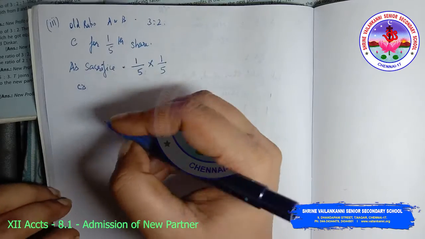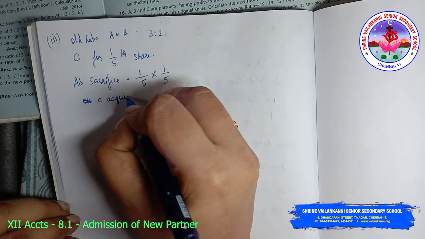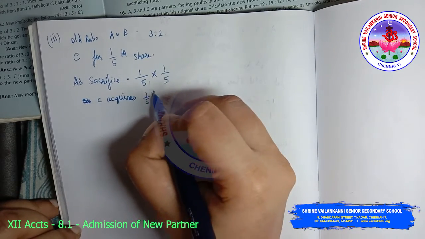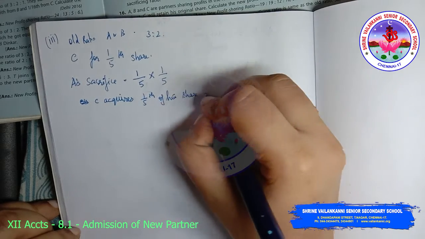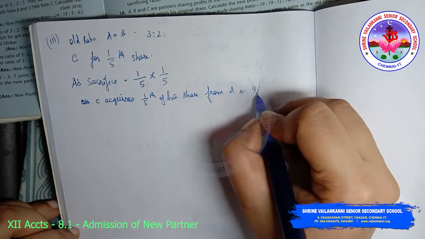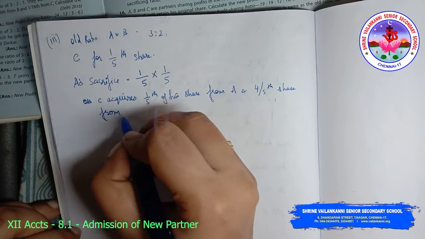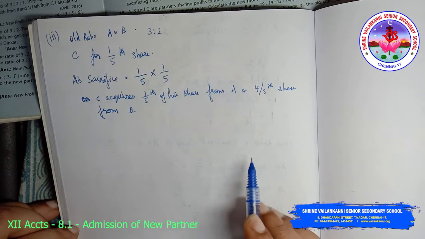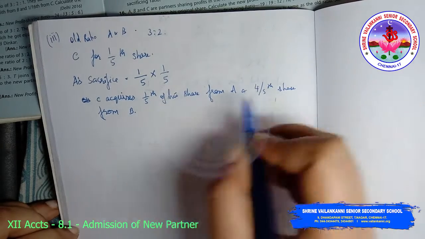C acquires 1/5 of his share from A and 4/5 share from B. Okay, C acquires 1/5 of a share from A and 4/5 share from B.